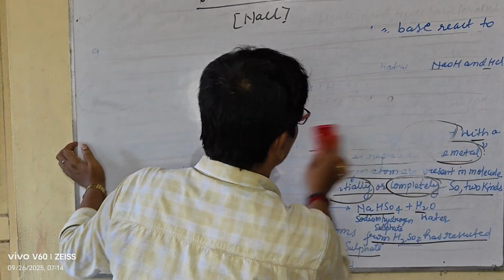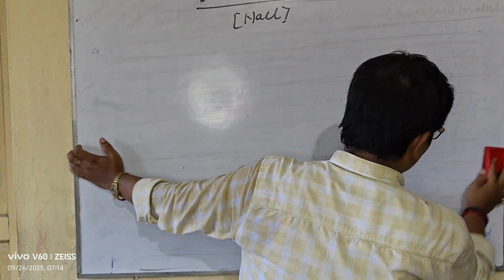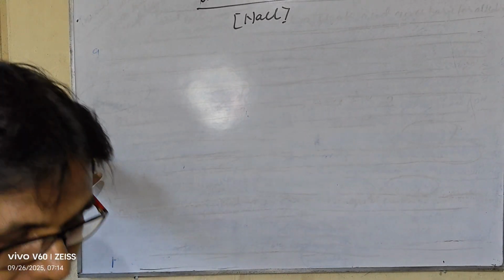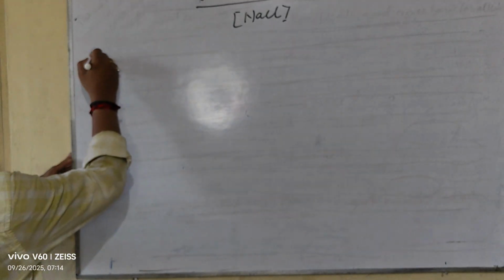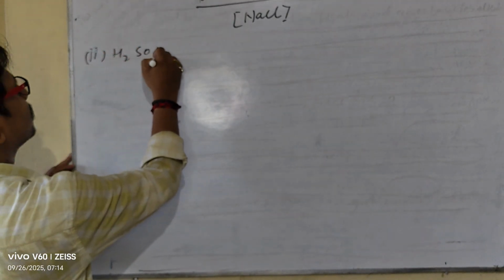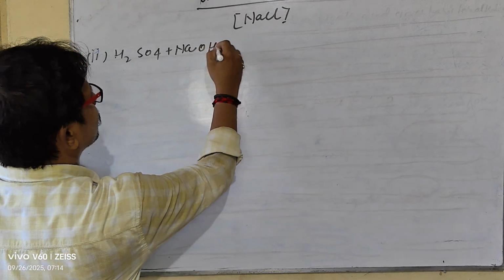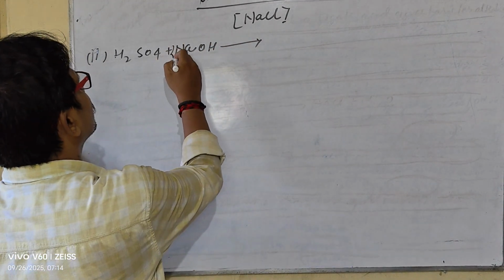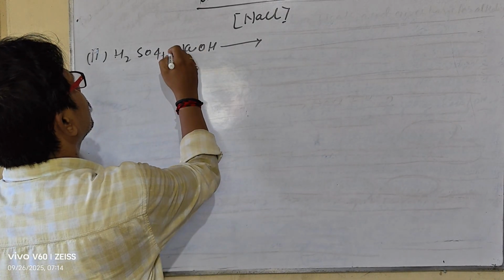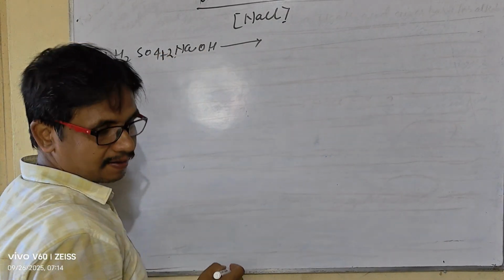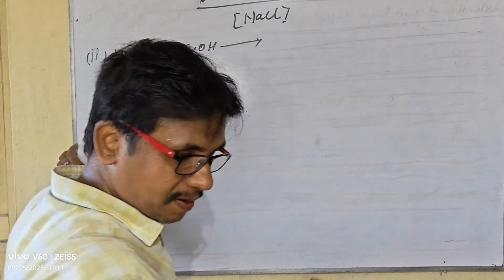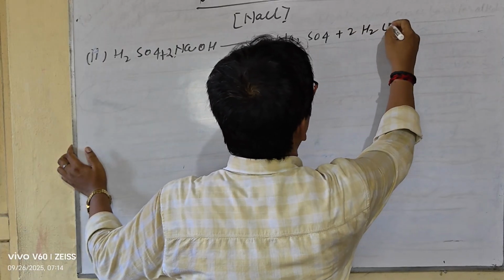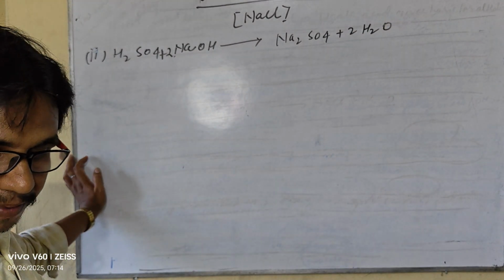The second reaction I am giving you about the common salt, the table salt: H2SO4 plus 2NaOH reacts to give Na2SO4 plus 2H2O, sodium sulfate plus water.